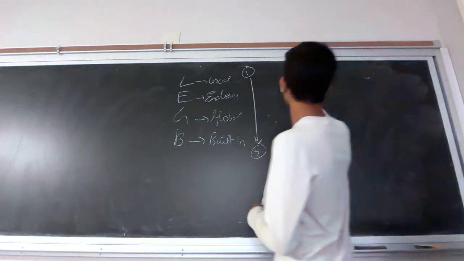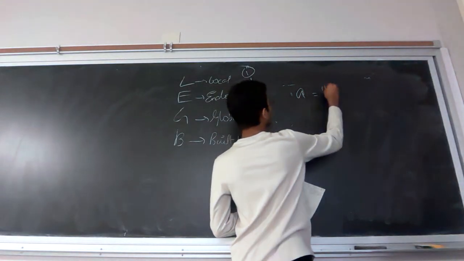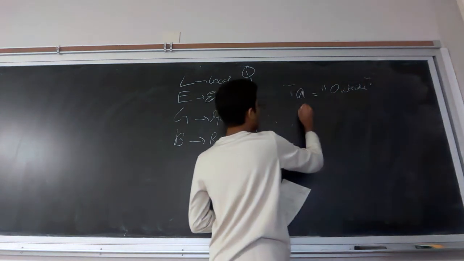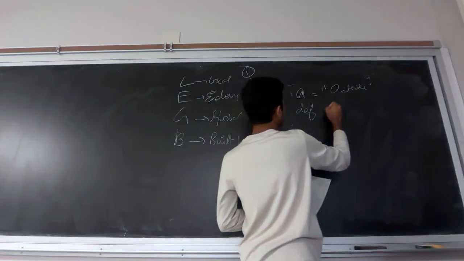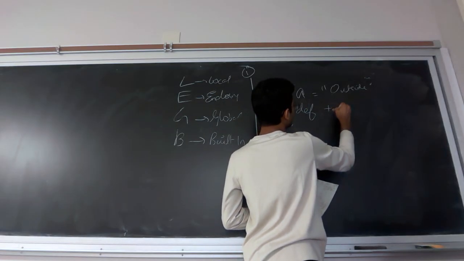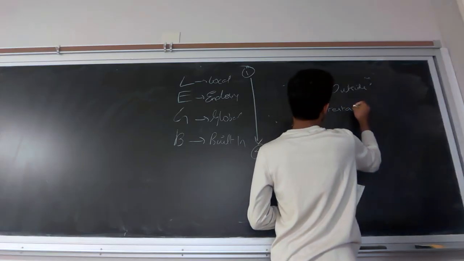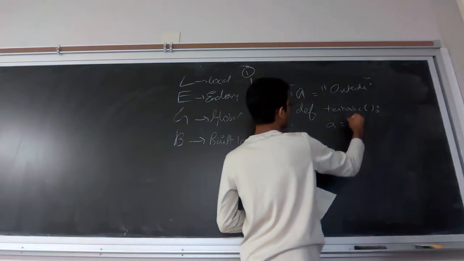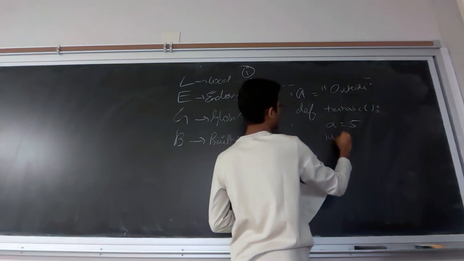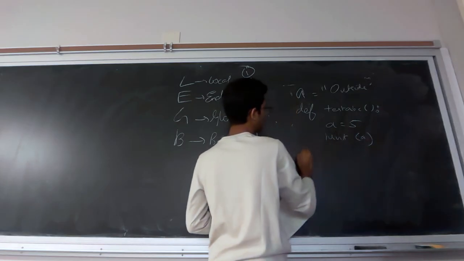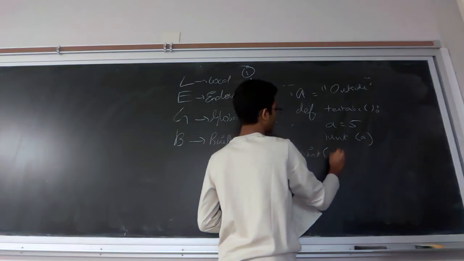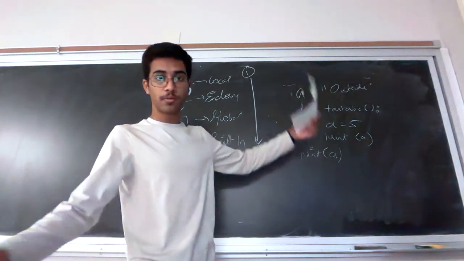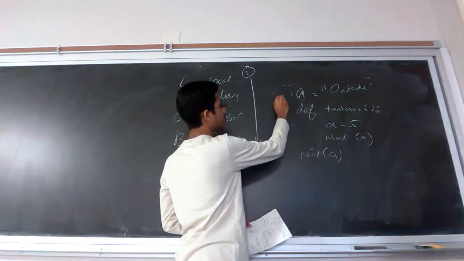Let's say I have a program where I say A is equal to "outside", and then I have def test ABC, and here I have A is equal to 5, and I say print A, print A. So what happens here is, in the flow of execution, Python comes here, it sees A is equal to outside.